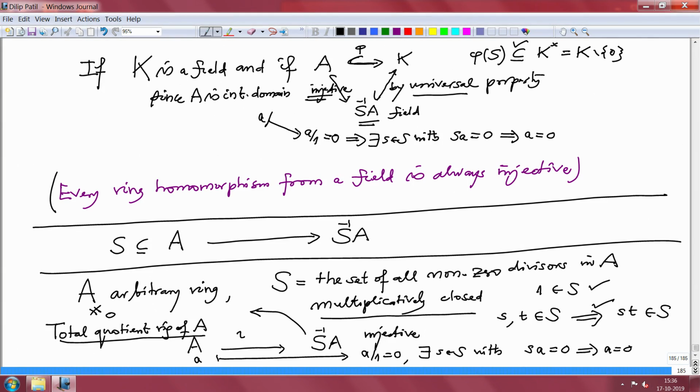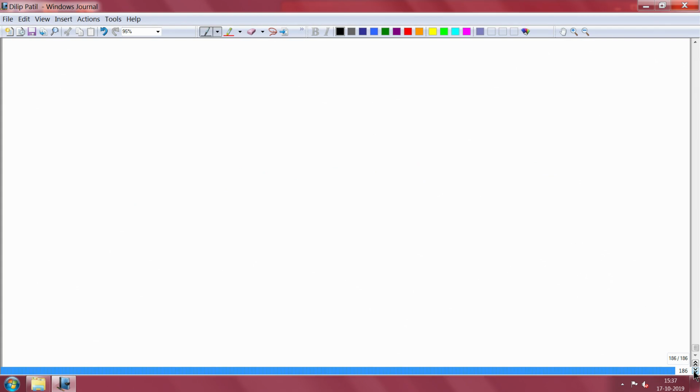Alright, so now we go back to studying the ideal structure: the ideals, the prime ideals, the maximal ideals, and what happens if you go from A to S inverse A. So our setup is like this.